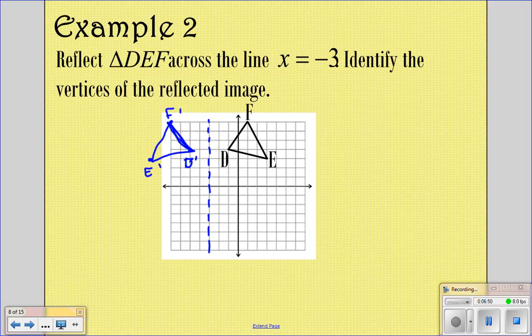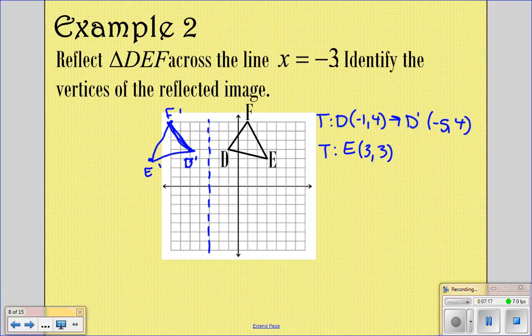And it says to identify the vertices of the reflected image. So we're going to put it into mapping notation. We transformed vertex D, which was at (-1, 4), and it went to D prime, which is at (-5, 4). Then we transformed E, which was at (3, 3), into E prime, which is at (-9, 3).